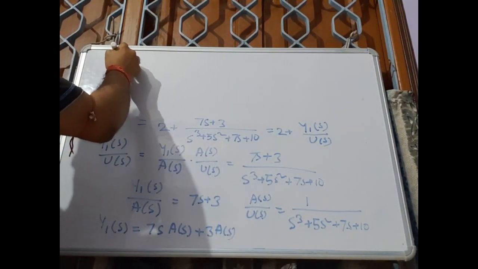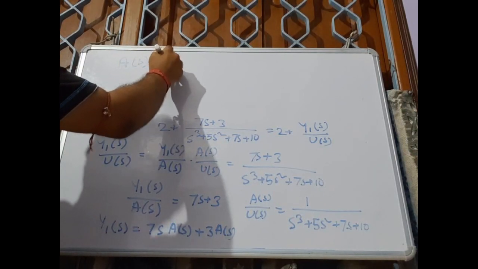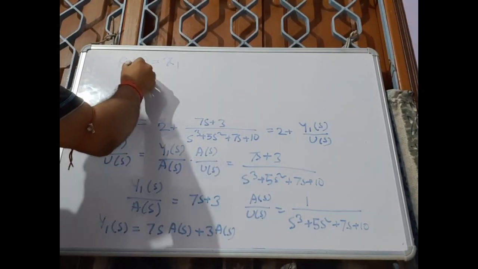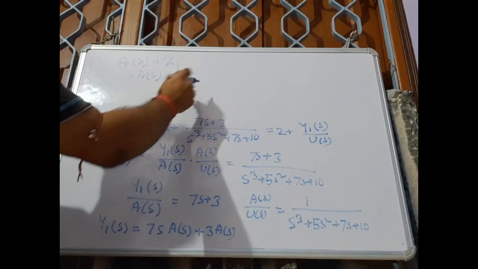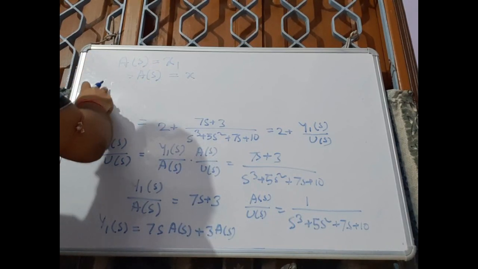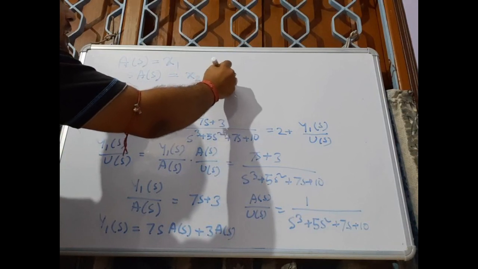Say A(s), take this as x1. Now sA(s) is the derivative part of this A(s), so this will be x2, and that is equal to x1 dot.